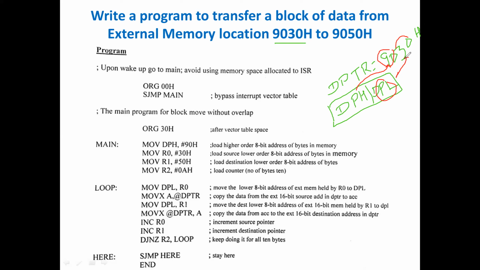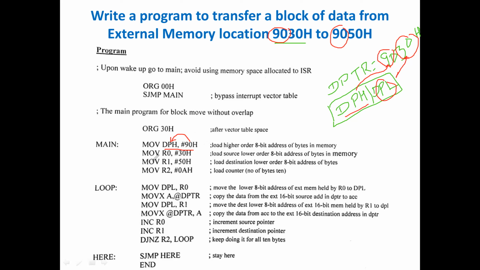In this program, the 90H is going to be the same, so we place this 90H in the DPH register, which is common for the entire program.